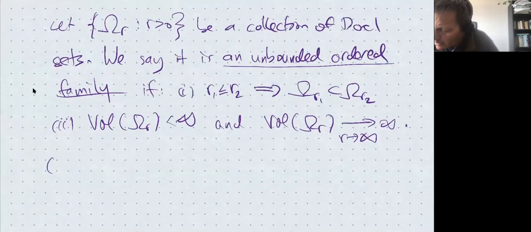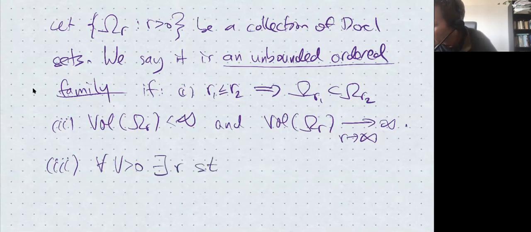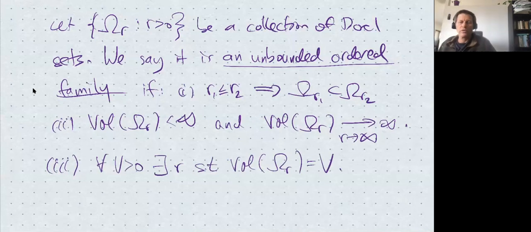And finally, they vary continuously. In other words, for every V, there exists an R such that the volume of omega R is equal to V. So there's no jump in the values taken by the volumes of these sets.